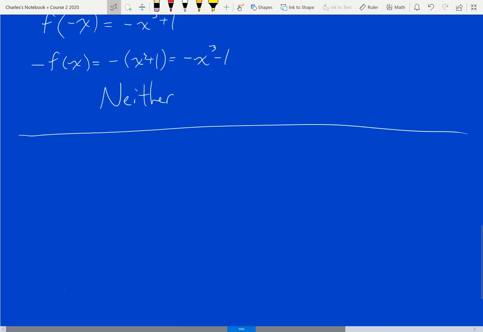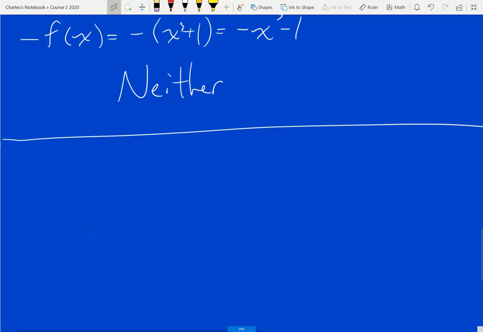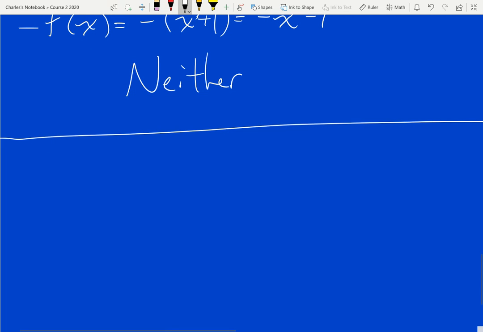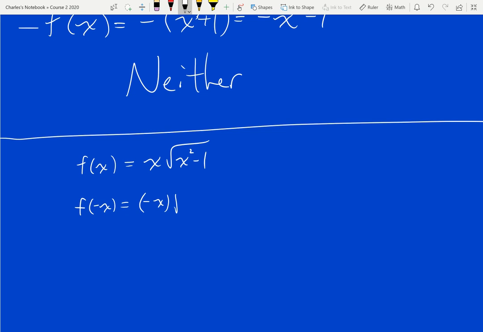Doing the algebra can get trickier, so I picked one out that's a little bit trickier. Let's say f of x is equal to x times the square root of x squared minus 1. I'm going to plug in negative x, and I'm going to get negative x times the square root of negative x squared minus 1.